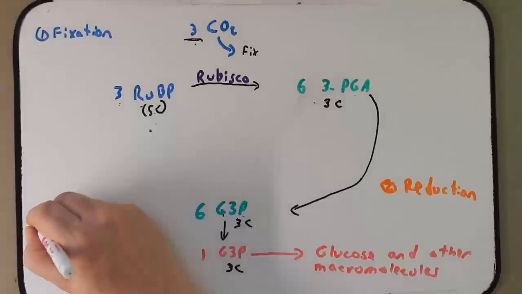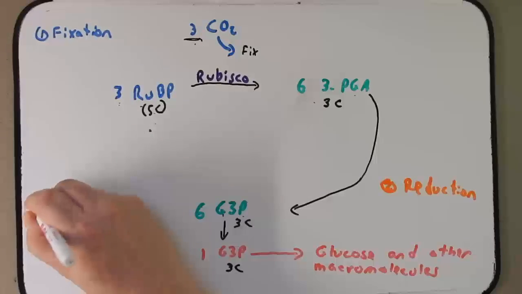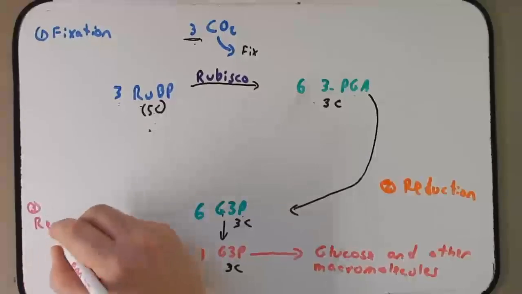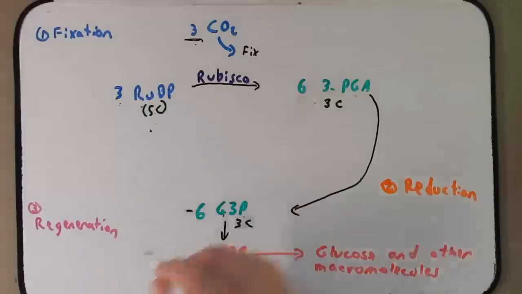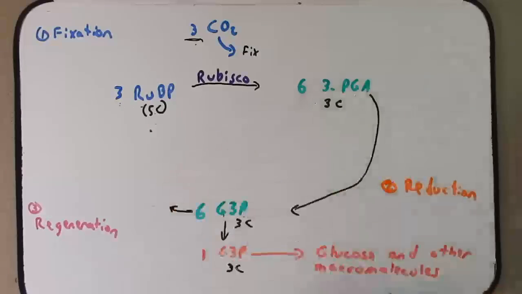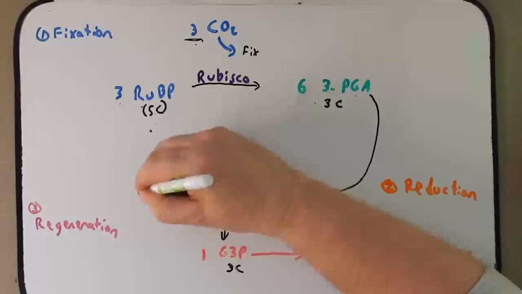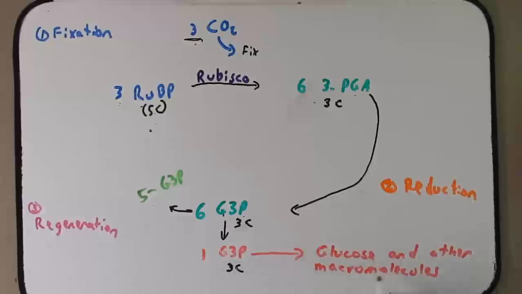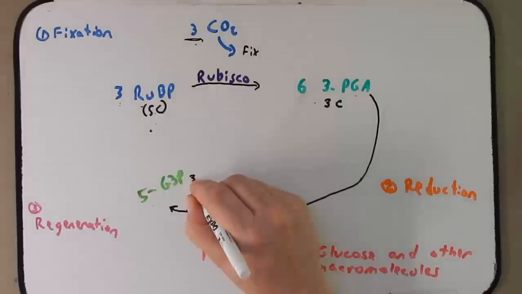Next, we can talk about the regeneration phase, our third phase of the Calvin cycle. As we enter the regeneration phase, remember, we no longer have 6 3-PGA. We only have 5 of those molecules because we lost one during this reduction phase. So we only have 5 of these, still each with 3 carbons.